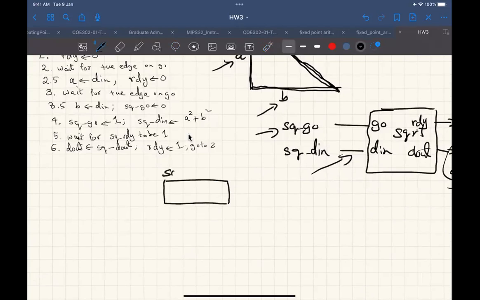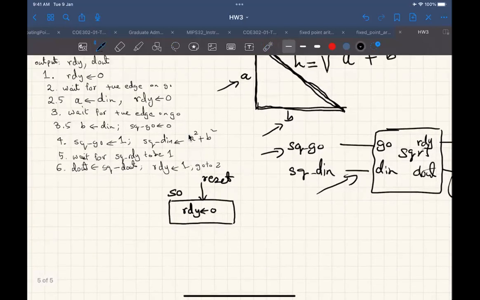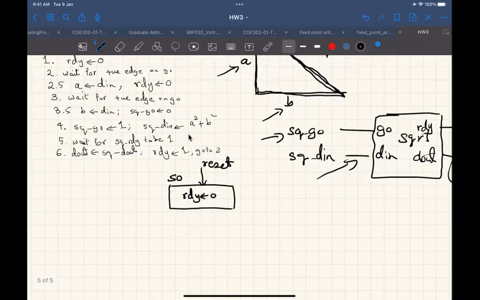State 0. This is reset. We have Moore assignment ready is 0, right? This is nothing but step number 1. And then in step number 2, I'm going to have a state here.